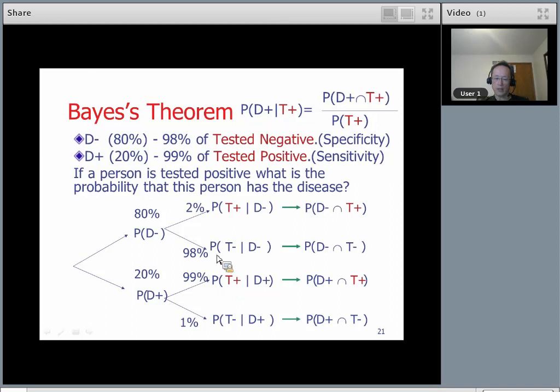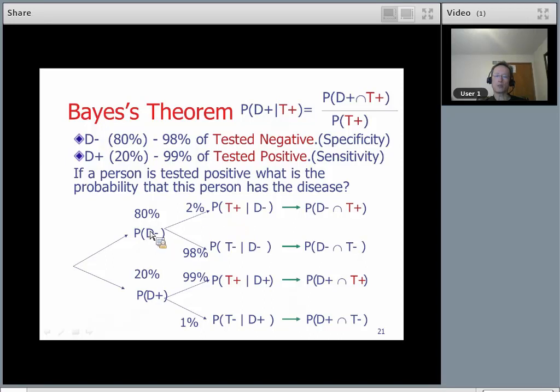In fact, these two pieces of information you don't really need. You really need these two. And these pair, these two numbers multiplied together, you get this probability. These two numbers multiplied together, you get this probability. What is this? This is the probability of tested positive and don't have disease. I think it makes sense. How do we get this probability? This is the probability of a randomly selected person who doesn't have disease and tested positive. How can you get that number?